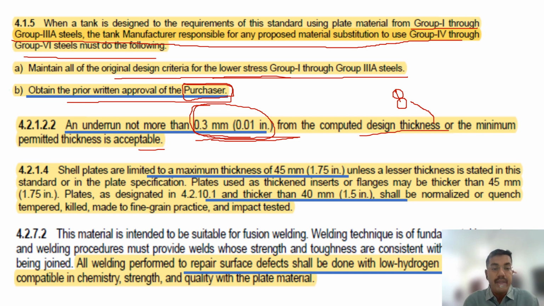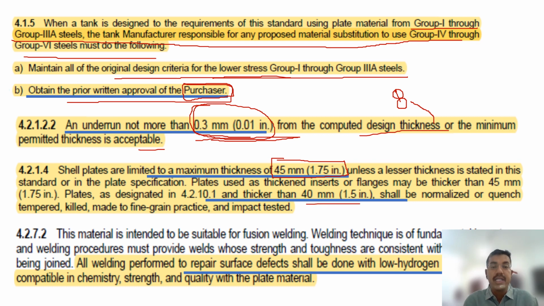Shell plates are limited to a maximum thickness of 45 mm or 1.75 inch. So what is the maximum shell plate thickness as per API 653, which is allowed? 45 mm, 1.75 inch, unless a lesser thickness is stated in the standard or in the plate specification. Plates used as thickened insert or flange may be thicker than 45 mm, designed by 4.2.10.1 and thicker than 40 mm.